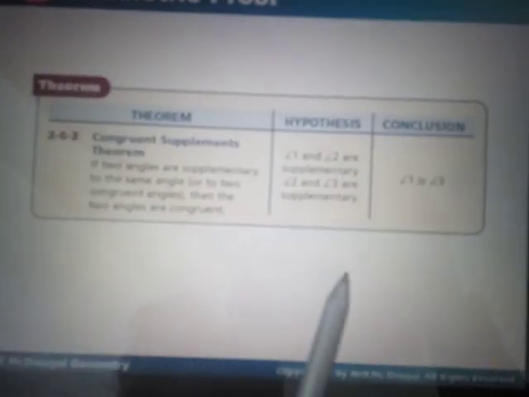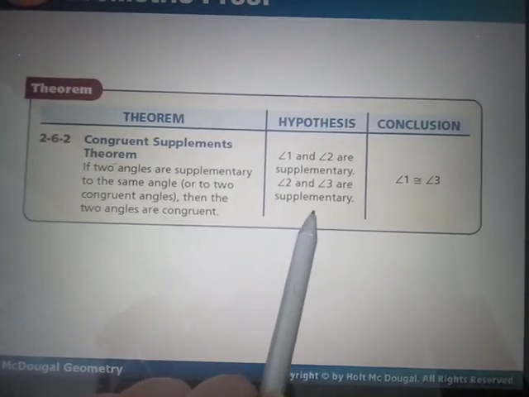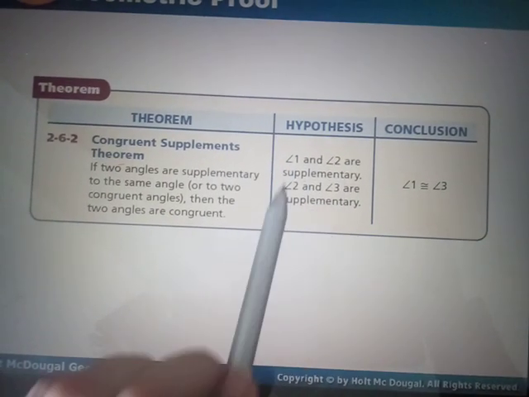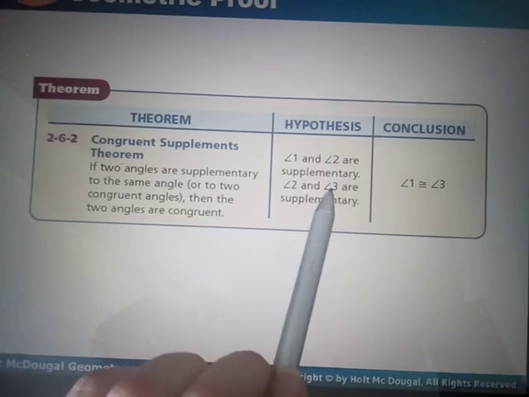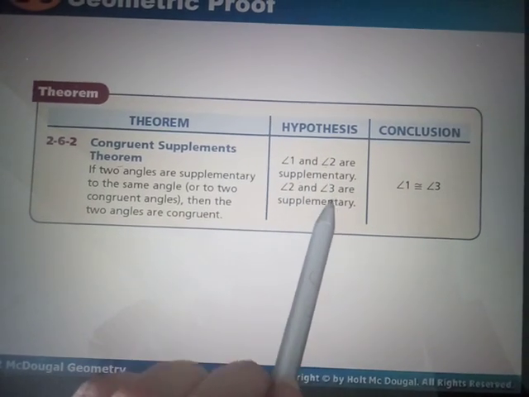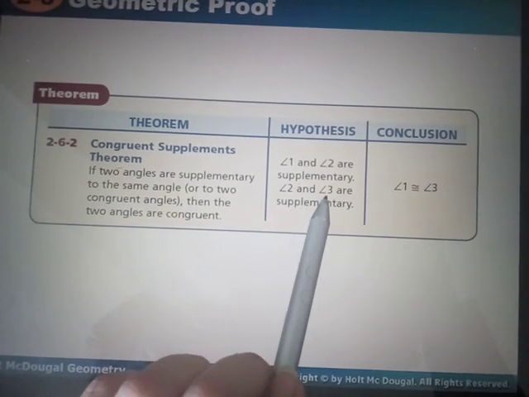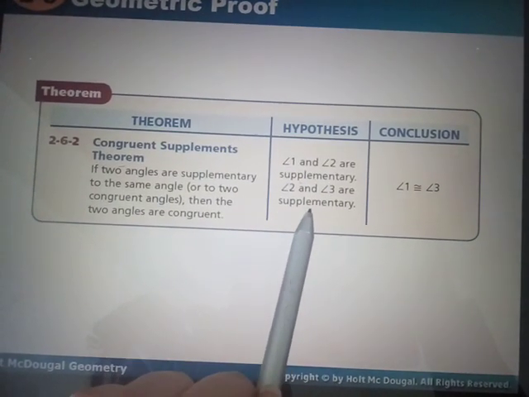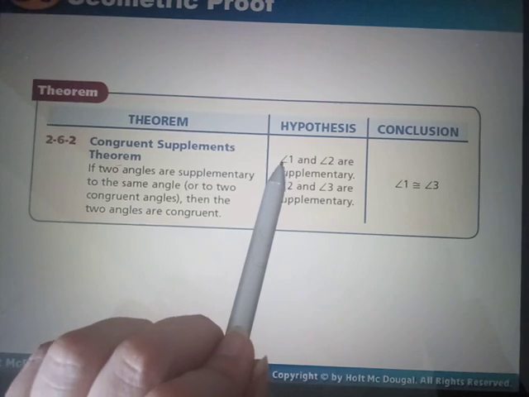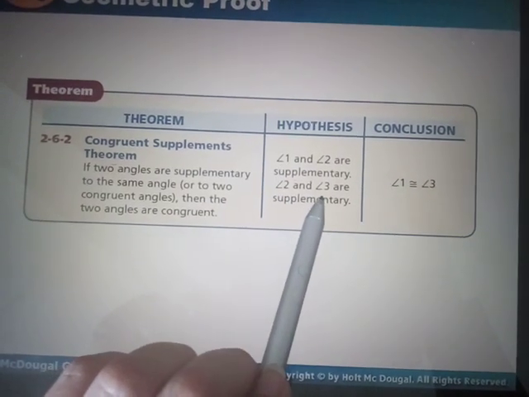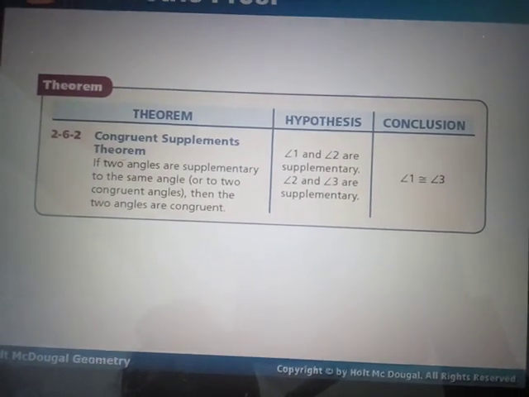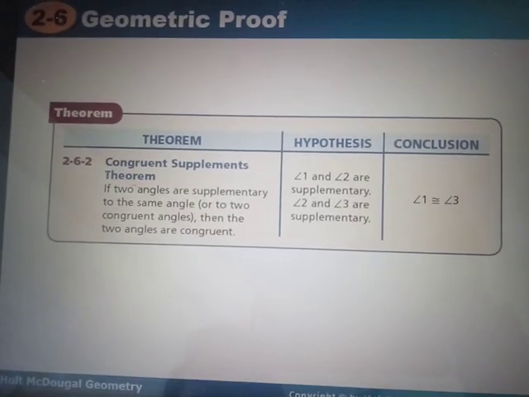Angle 2 and angle 3 are supplementary. How many angles do we have here? We have three angles: 1, 2, and 3. 1 and 2 are supplementary. 2 and 3 are supplementary. So what is the result? This means angle 1 is congruent to angle 3. Do you understand this theorem?